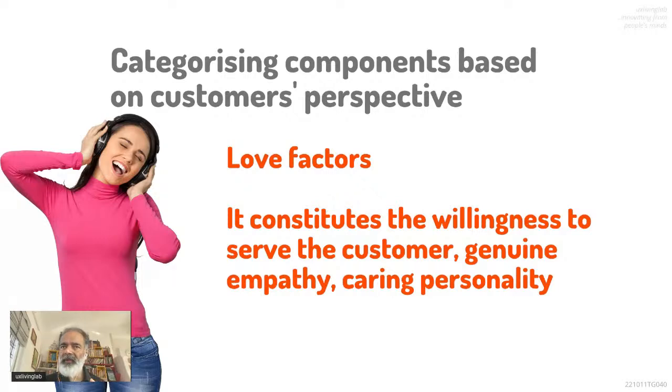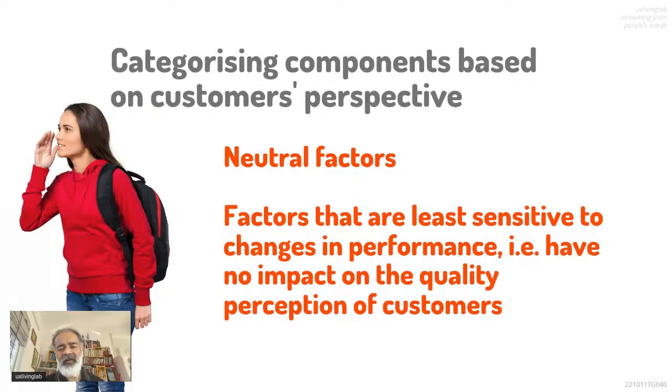So there are a lot of components in a product which give this type of satisfaction level, when the supplier or manufacturer gives personal attention. There should be some component like that. That's called love factors. Then neutral factors: factors that are least sensitive to changes in performance.